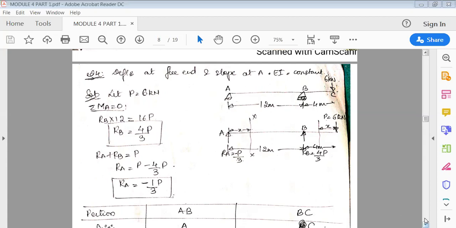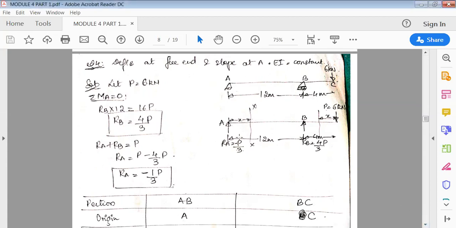Now to find these reactions, first we take moment about A. We have to find deflection at the free end. It means we have to find delta C. So to find this delta C at this point C, we'll find the reactions, that is moment about A. So moment about A is equal to, same thing as usual, RB into this distance 12 is equal to P into the complete distance, that is 16.